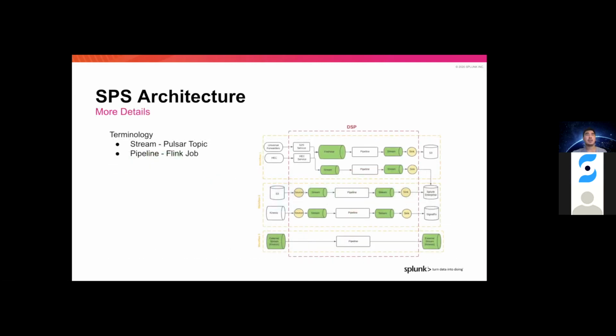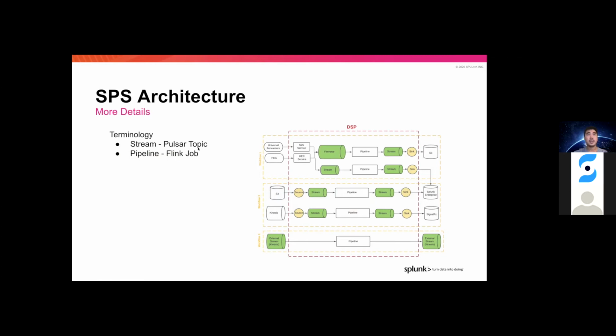So let me go into a little bit more detail of exactly how things work. First, just to go over some of the terminology we use in SPS or DSP. In SPS we have the concept of a stream.